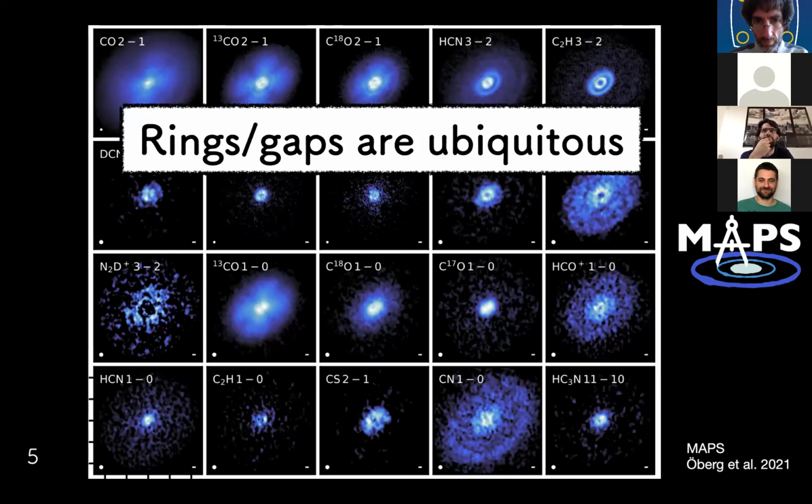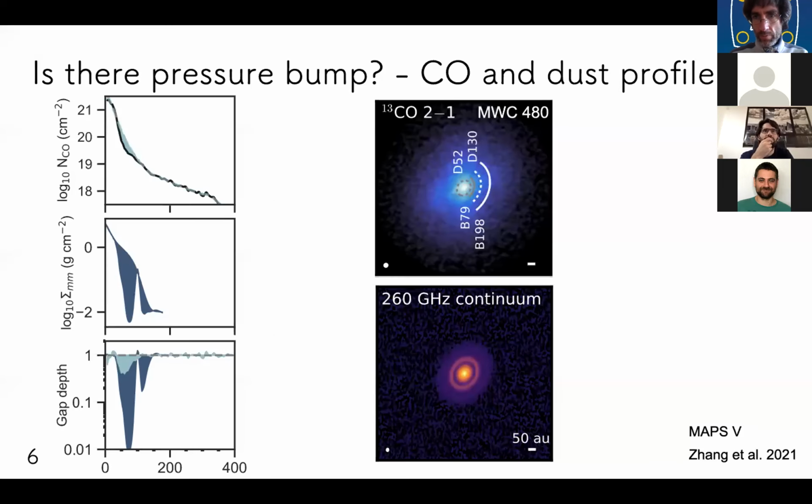Here we can see that rings and gaps are also everywhere in the gas component of these disks. So let's pick one specific species, which is CO. By proper thermochemical modeling, you can get the CO gas radial profile as shown in the top left panel here.